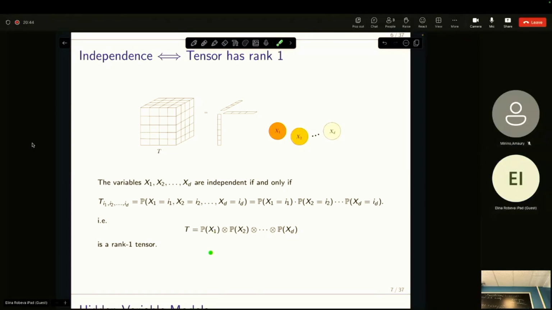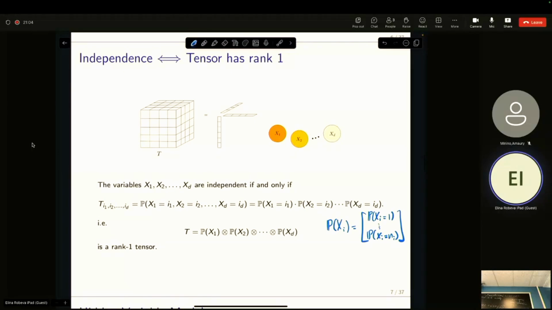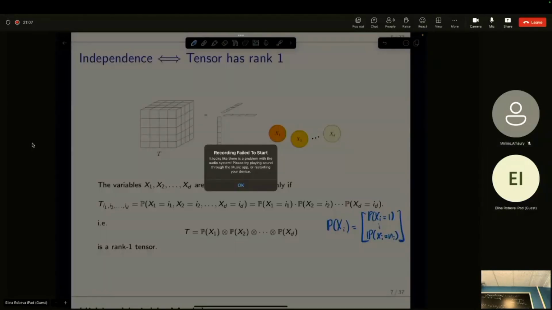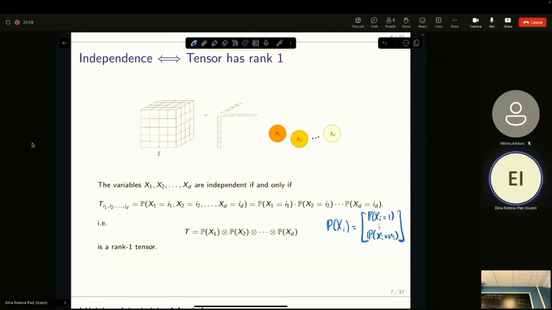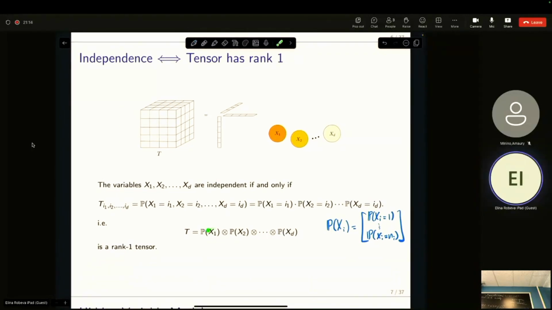So p of xi is a vector whose entries are the probability that xi is 1, up through the probability that xi is ni. All right, can you still hear me? Yes. Okay, great. So these are all vectors, so this tensor has rank 1. That's what it means that they're independent.